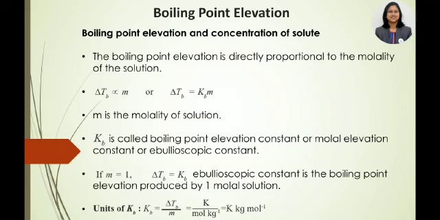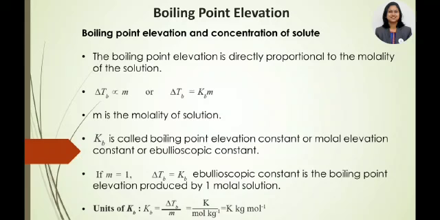If small m is equal to 1, we substitute the value of m in the above equation, so delta TB is equal to Kb. The ebullioscopic constant is the boiling point elevation produced by a 1 molal solution.